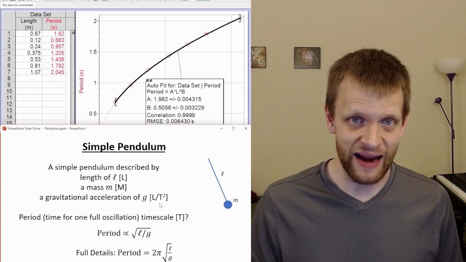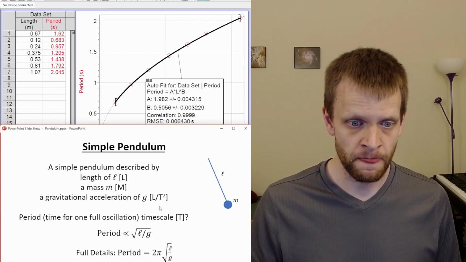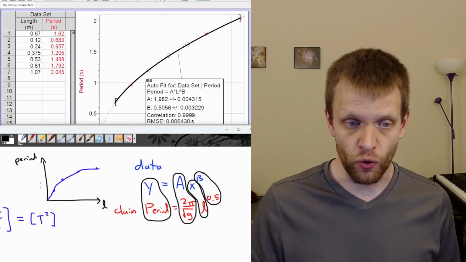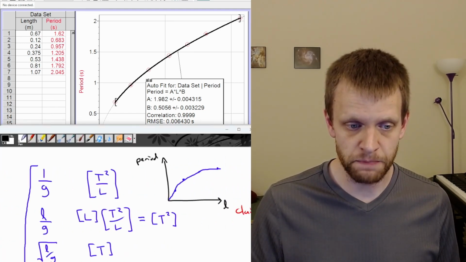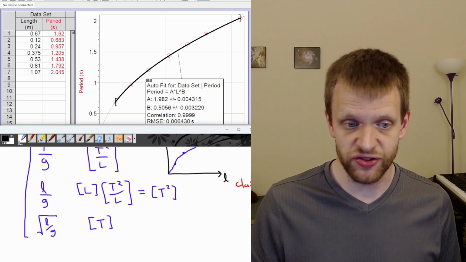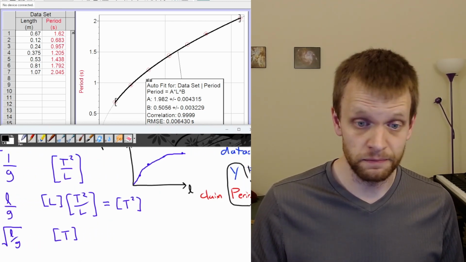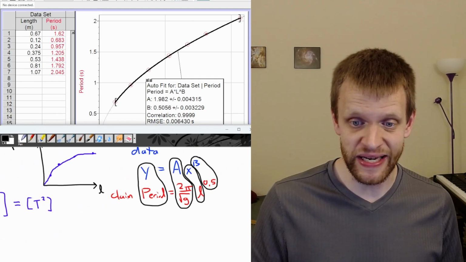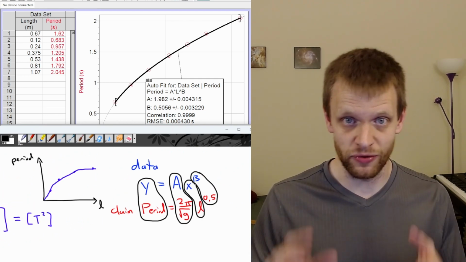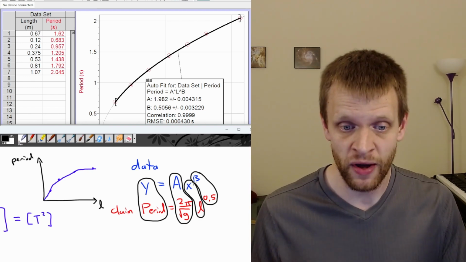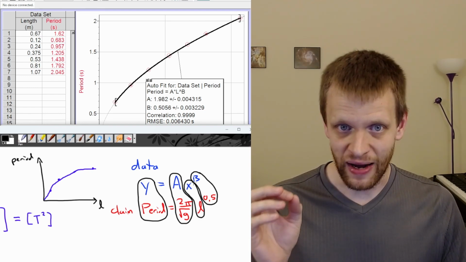If we didn't have that time squared in there, we would have gotten a different prediction for how the period of the motion should relate to both the length of the pendulum and this value of g. But using that value of g in meters per second squared, that matched our data.